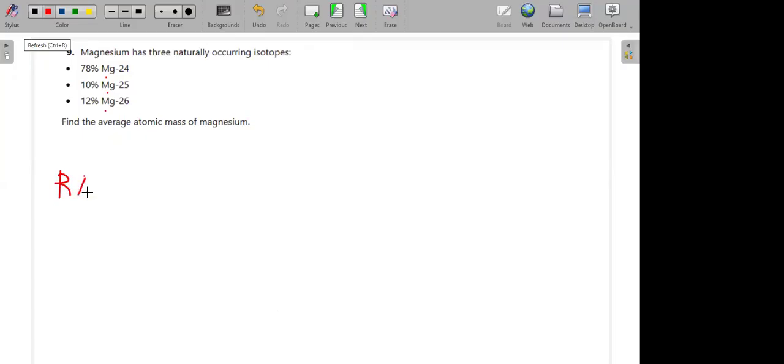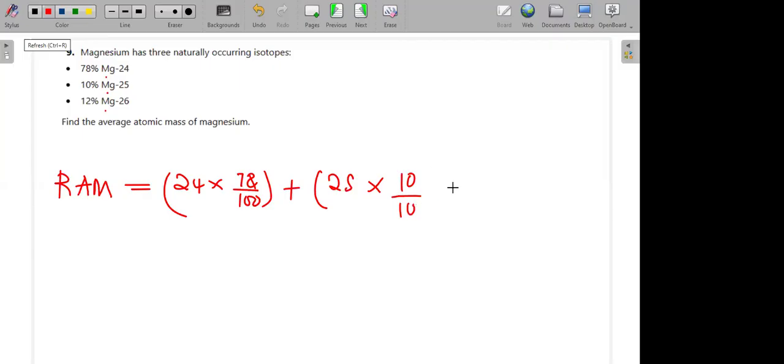So I'm going to say my average atomic mass. In this case, we have three isotopes. So it's the mass of isotope 1, which is 24, multiplied by 78 over 100, plus magnesium 25 multiplied by 10 over 100, plus magnesium 26 multiplied by 12 over 100.